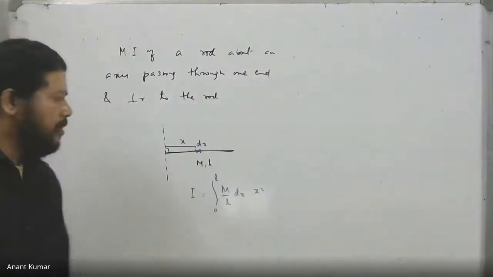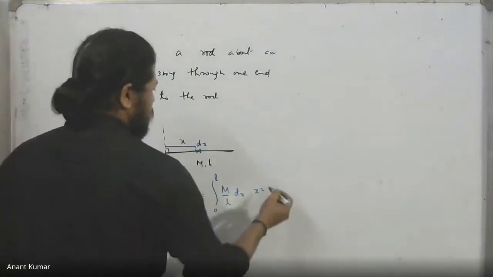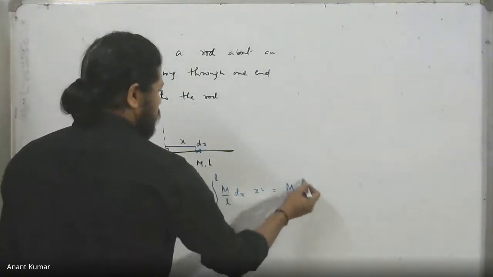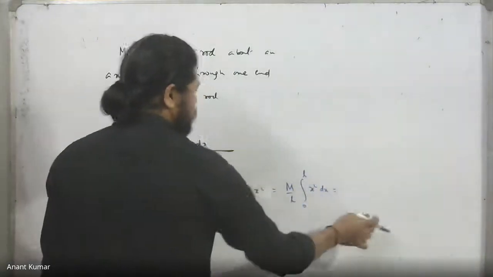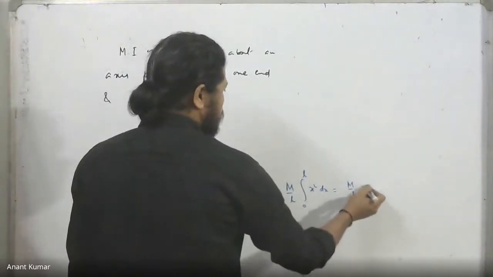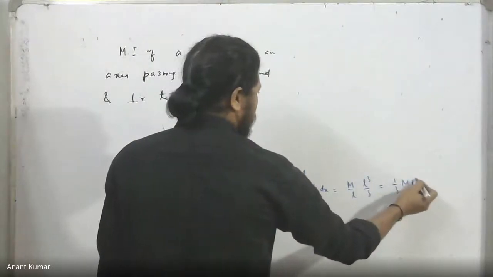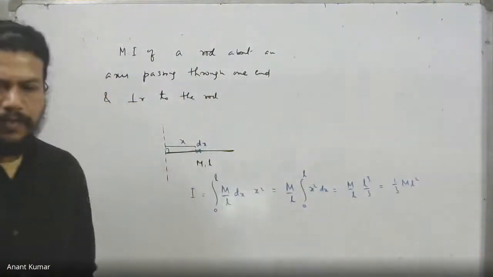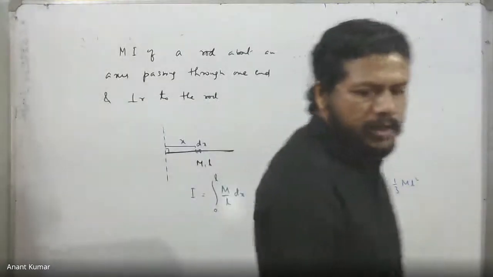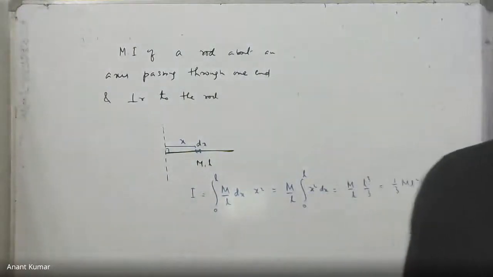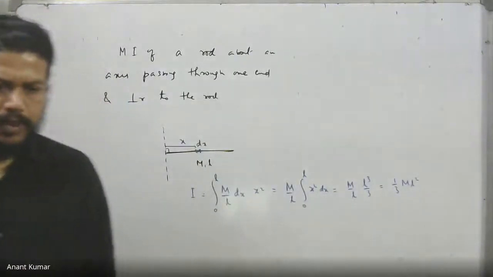So you plug in the limits from 0 to L, and I end up getting L cubed by 3. So you get 1/3 of ml square. That is the moment of inertia of the rod about an end, or about an axis that passes through the end of the body and is perpendicular to the rod.